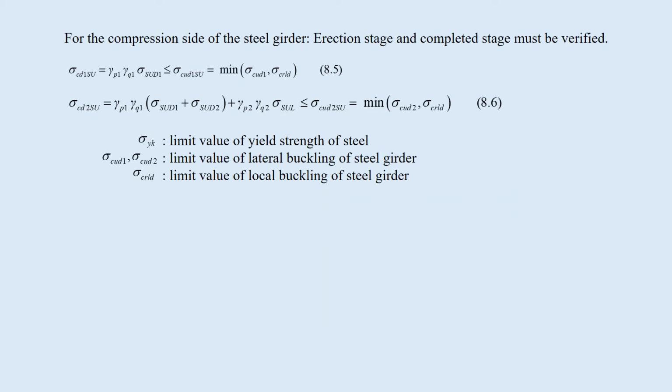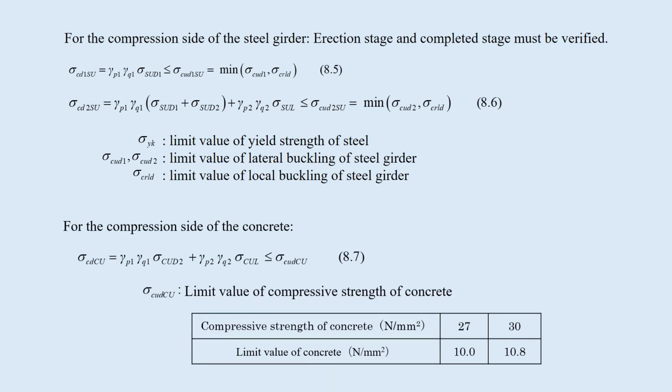For the compression side of the steel girder, both erection stage and completed stage must be verified. 8.5 is for the erection stage and 8.6 for the completed stage. Lateral buckling and local buckling of the girder must be considered.